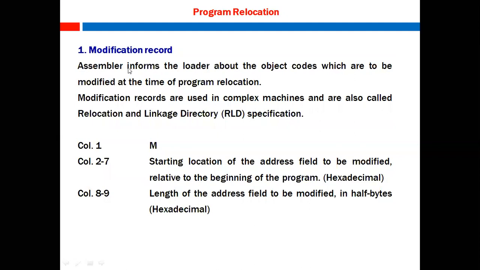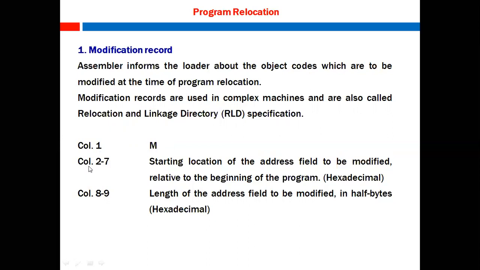Let us see. The assembler informs the loader about the object code which is to be modified at the time of program relocation. Modification records are used in complex machines and are known as relocation and linkage directory specification. How this modification is done: in column 1 we use the letter M. M stands for modification.